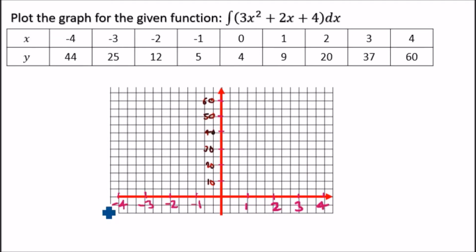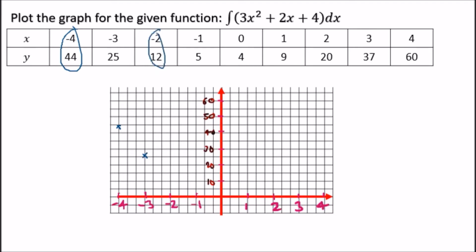And of course, the x-axis goes from minus 4 to plus 4. So let's do this. The first coordinate, minus 4, 44, should be here. Minus 4, and you go up to 44. This is 40, the middle is 45, so just before 45, around here somewhere. I'm going to mark an X there. The next one will be minus 3 to 25, so start from minus 3 and go up to 25, around here.